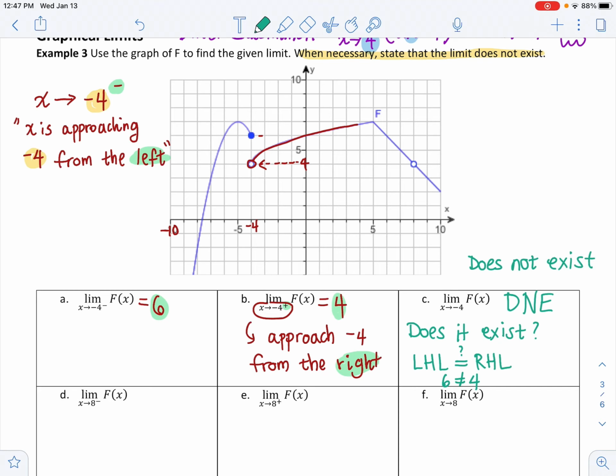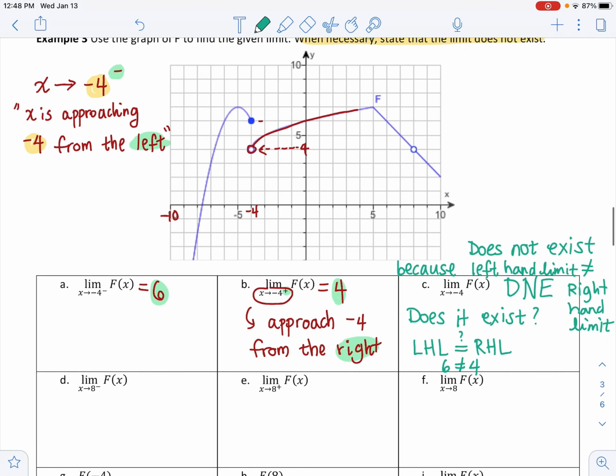And if you want to give a reason, it's because the left-hand limit does not equal the right-hand limit. That's why. If they were the same, then we get to write down that it exists and it equals that number. Hopefully we get to see a case where it actually exists.